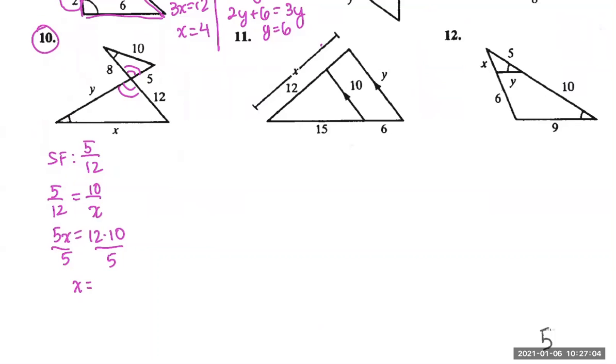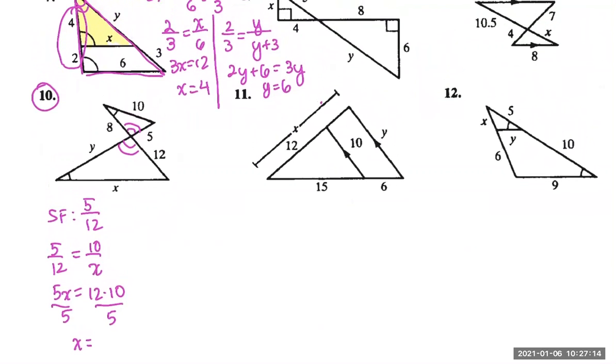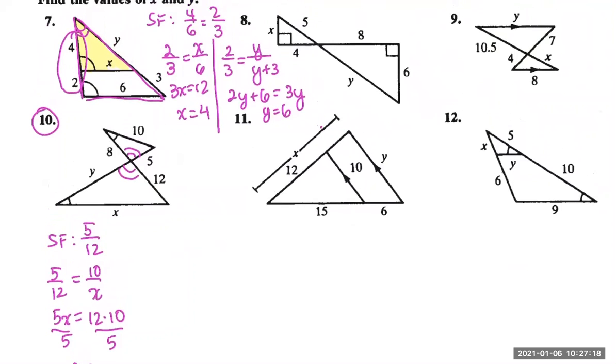Okay, perfect, you guys. X is 24 is the correct answer. Someone said, how come we don't add the 5 and the 12 in this problem? The only reason why we added in the previous problem is if you look at the pink triangle, it's kind of like giving you segments of the pink triangle.